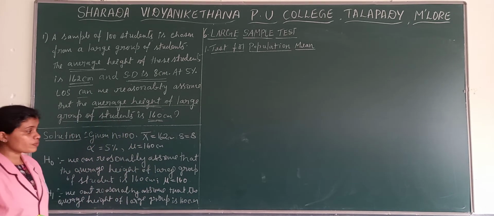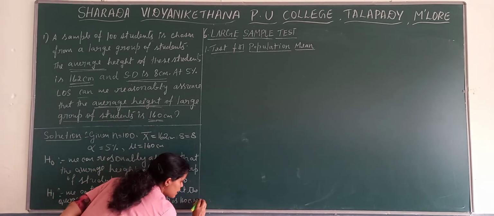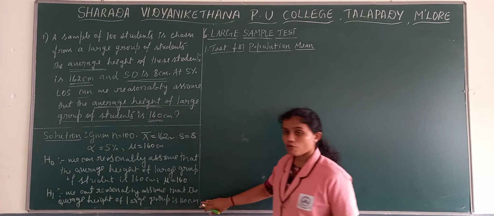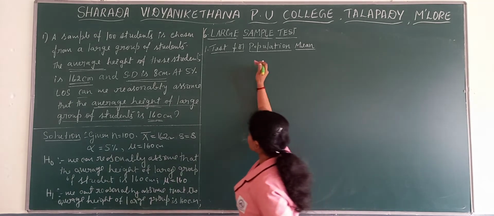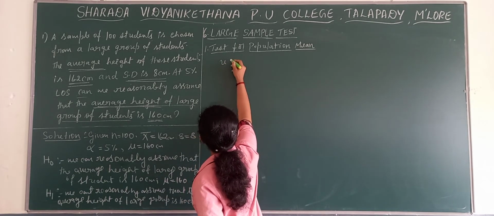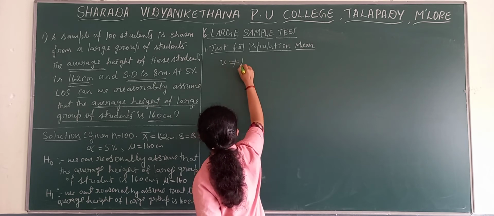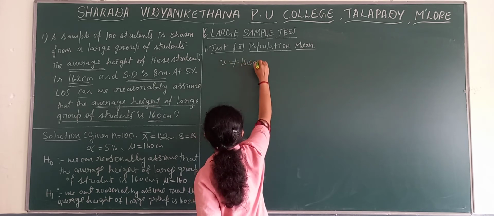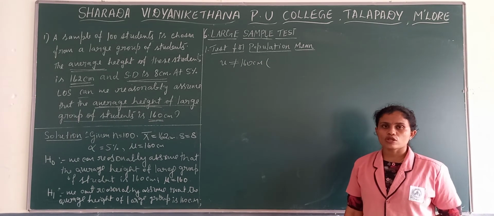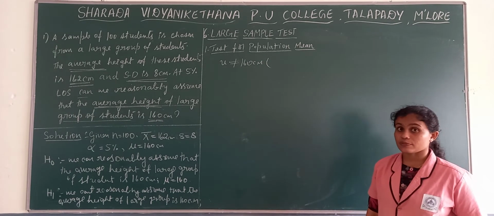We cannot assume means how to take? Here mu is the continuation of this. Here we are taking the alternative hypothesis, that is mu is not equal to 160 centimeters. Not less than or more than, just not equal to 160 centimeters.